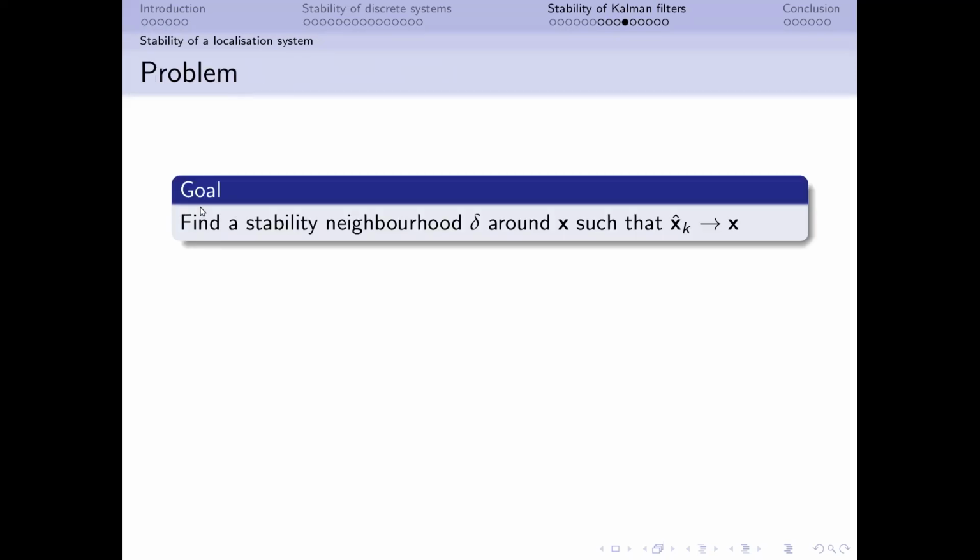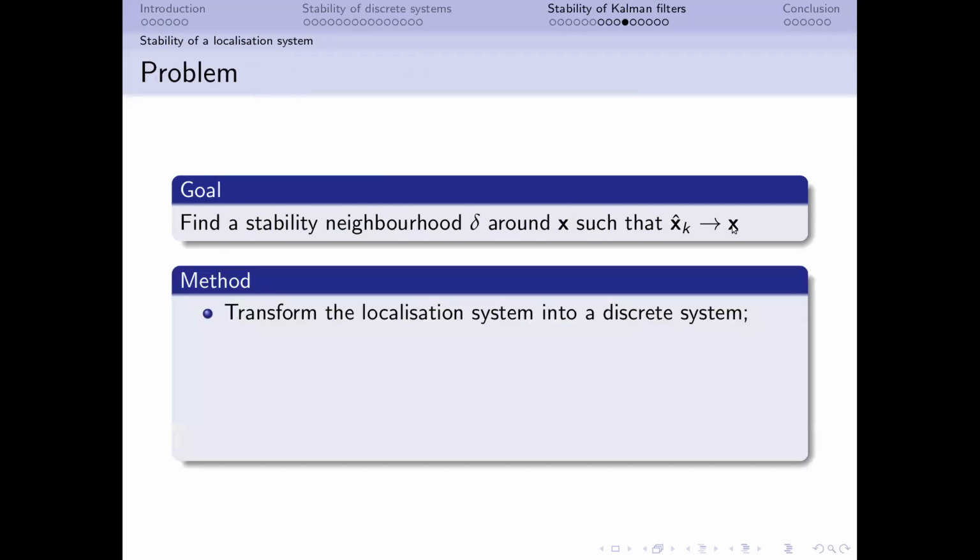So as I said before, the goal of our problem is to find a stability neighborhood delta, or let's say an interval, around the actual state of the robot, such that the estimation made by the Kalman filter of that state will converge towards the actual state. So for that, we will go through these different steps.